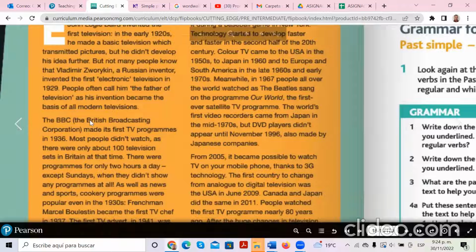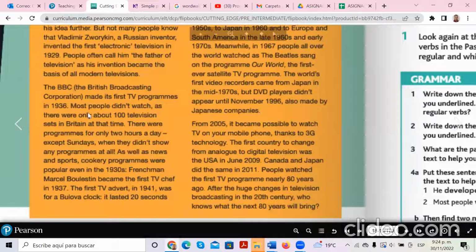The BBC, meaning the British Broadcasting Corporation, made its first TV programs in 1936. Most people didn't watch, as there were only about 100 television sets in Britain at that time. There were programs for only 2 hours a day, except Sundays, when they didn't show any programs at all. As well as news and sports, cookery programs were popular even in the 1930s.